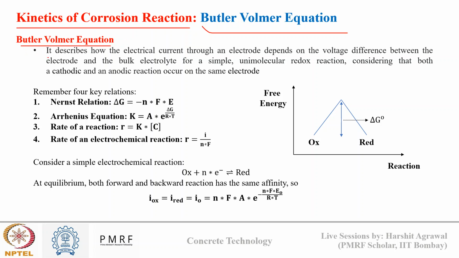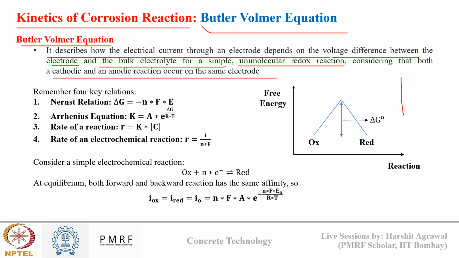It describes how electrical current through an electrode depends upon the voltage difference between the electrode and the bulk electrolyte for a simple unimolecular redox reaction, considering that both anodic and cathodic reactions are happening on the same electrode. So this is my electrode, which is my steel.